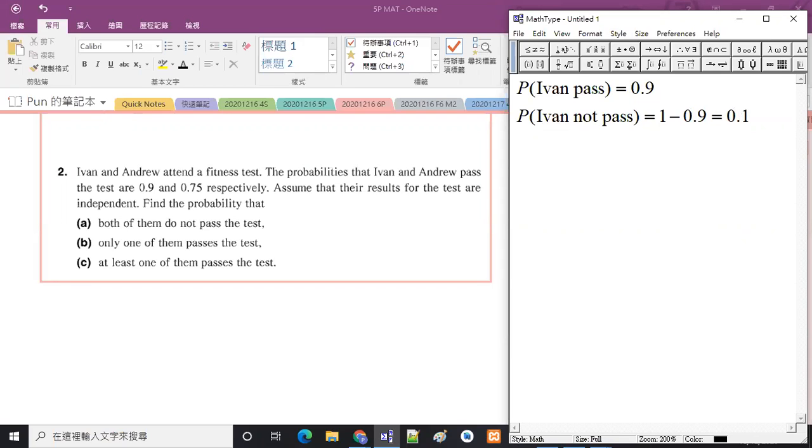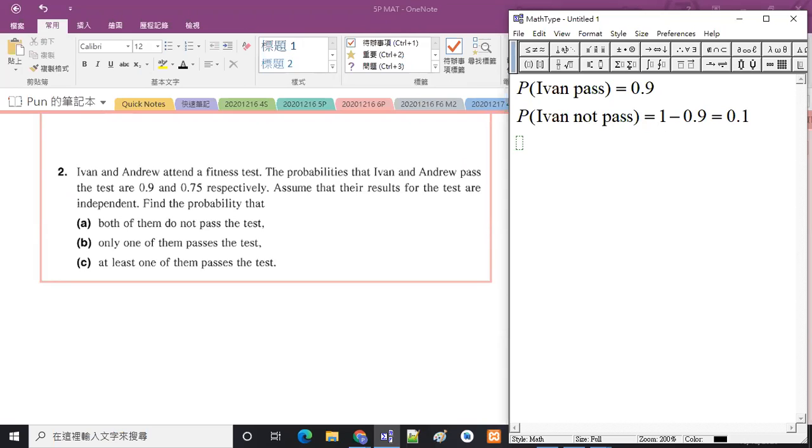Can you get this idea? When the question gives you one number, it actually gives you the other side as well. There are only two sides: either pass or not pass. So if the probability of pass is 0.9, then the probability of not pass will be 1 minus that number. In this case that will be 0.1.